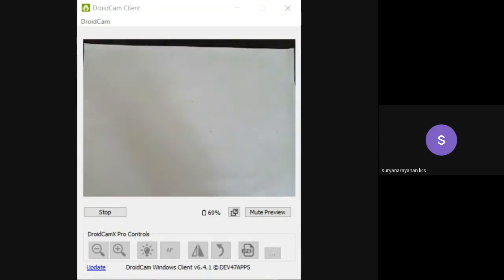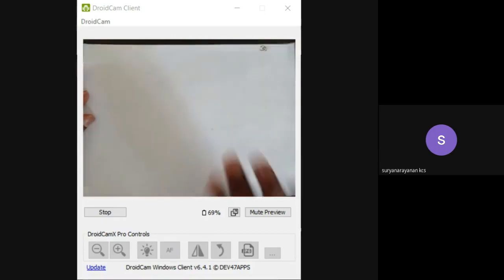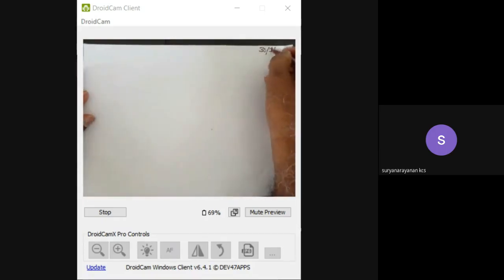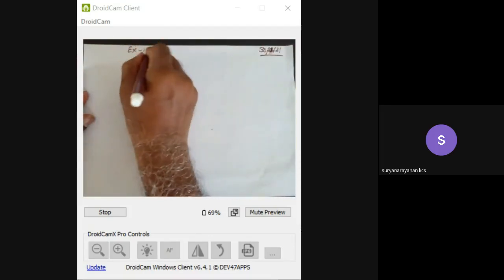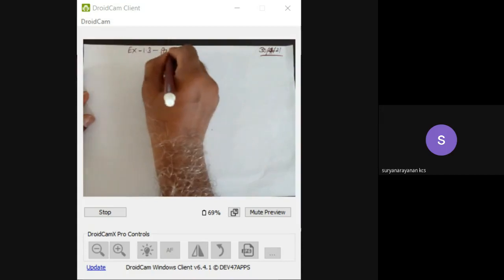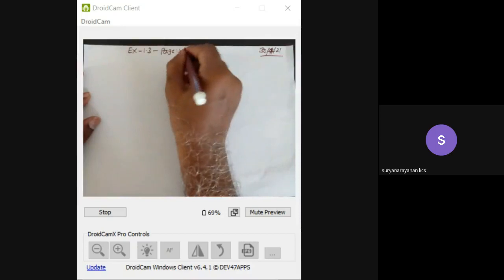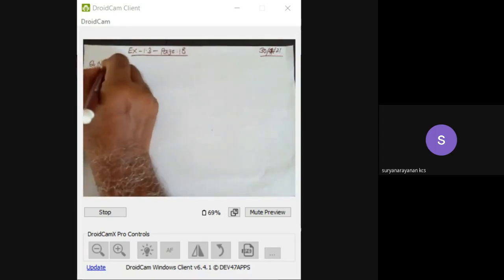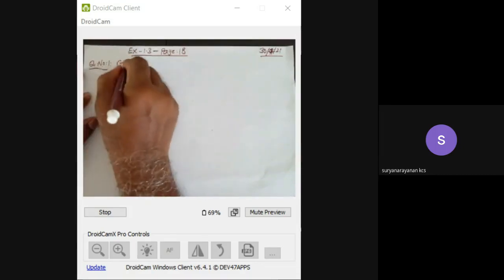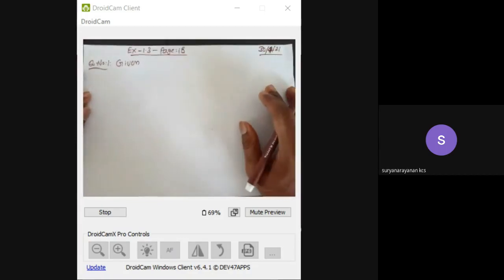See the first question, page number 18. Given F is a mapping from, what is the domain here? What is the domain of F?